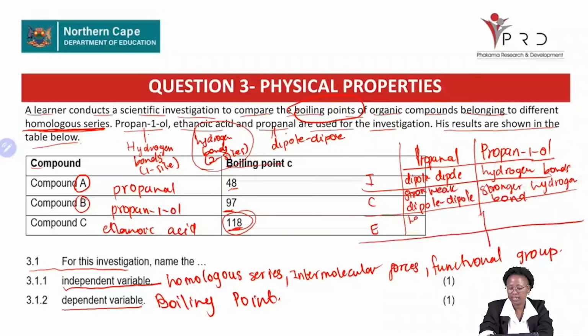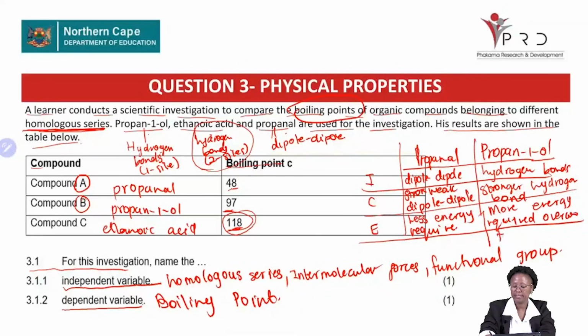This side requires less energy to overcome the intermolecular forces. This side requires more energy, because the intermolecular forces are stronger, so you need more energy to overcome the intermolecular forces.